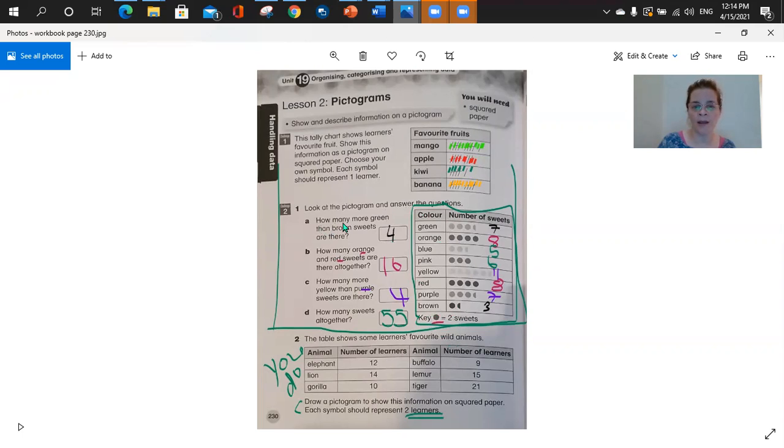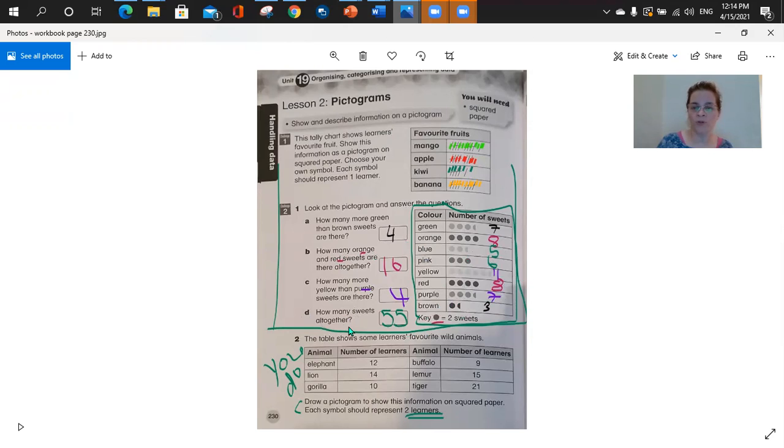So first we went through the questions and we looked at how many green sweets there were, and there are 7 because it's 2, 4, 6, and half of 2 is 1, so 7. How many orange are 8, blue is 5, pink is 6, yellow is 11, red is 8, purple is 7, and brown is 3.